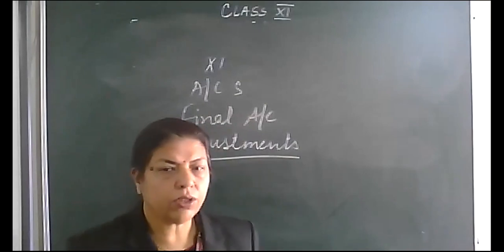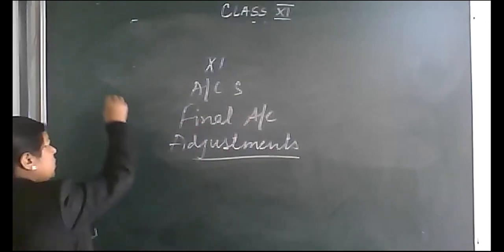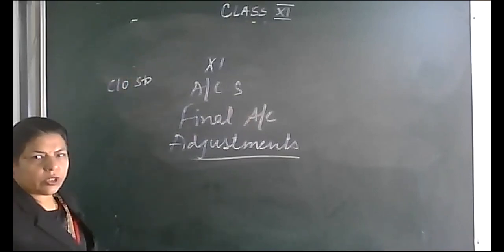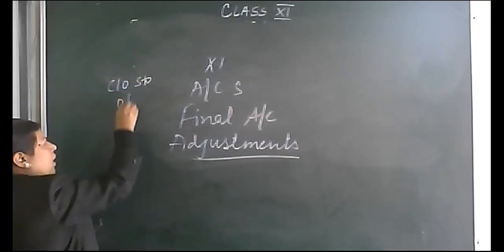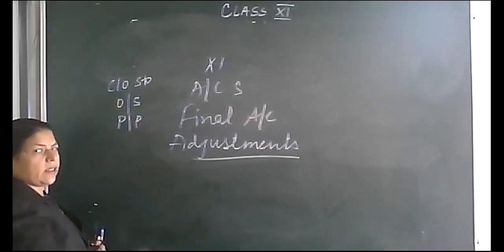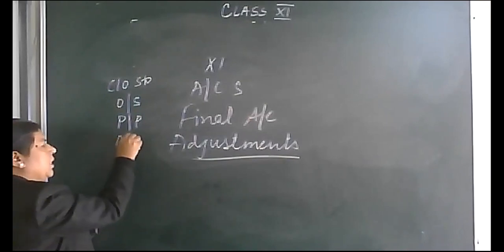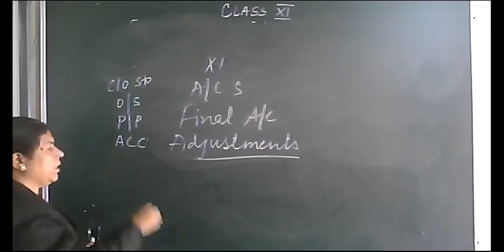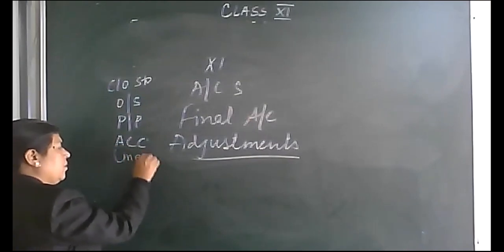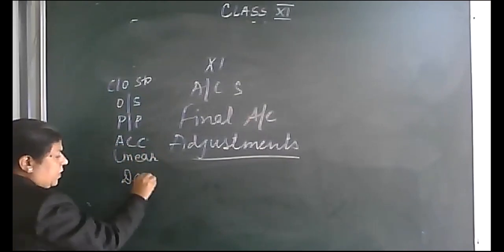In your course you will have adjustments of closing stock, then outstanding expenses, then prepaid expenses, then accrued income, then unearned income and depreciation.